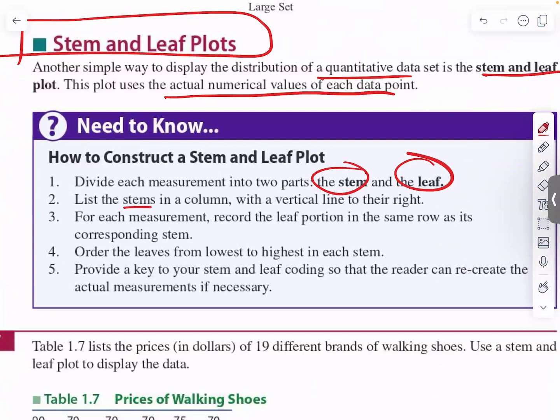List the stems in a column with a vertical line to their right. For each measurement, record the leaf portion in the same row as its corresponding stem. Order the leaves from lowest to highest in each stem. Provide a key to your stem and leaf coding so that the reader can recreate the actual measurement if necessary.